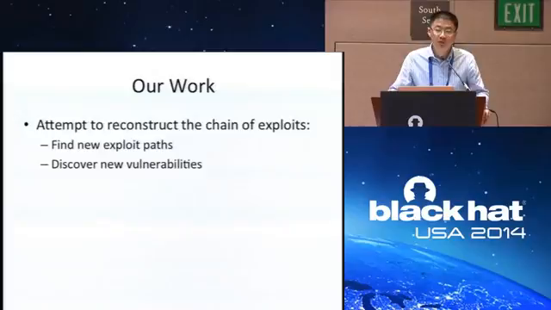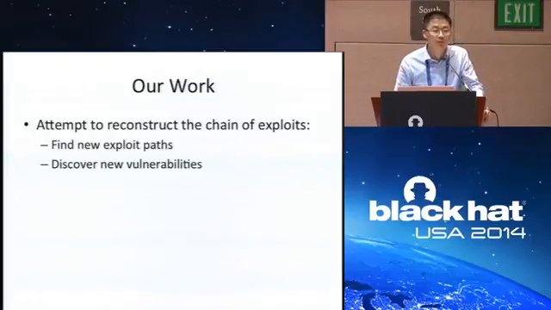Then we realized maybe even for the patched vulnerabilities, we may find new ways to re-exploit them. We may also discover new vulnerabilities similar to the patched ones and replace the patched ones with the new discoveries. Then we can reconstruct the whole exploit chain.